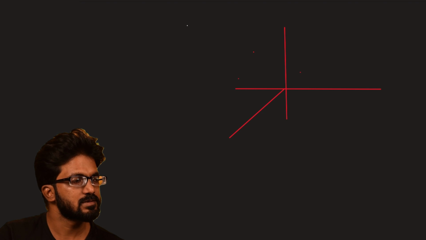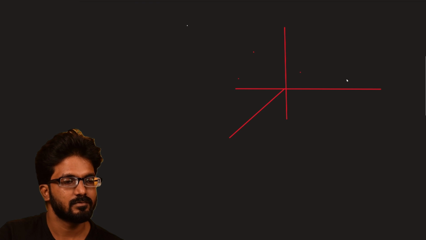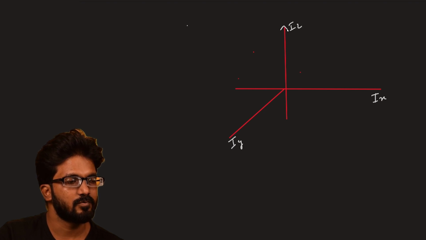So let's draw the axes. These three axes represent Ix, Iy, and Iz. They meet at the point where all three coordinates lie.